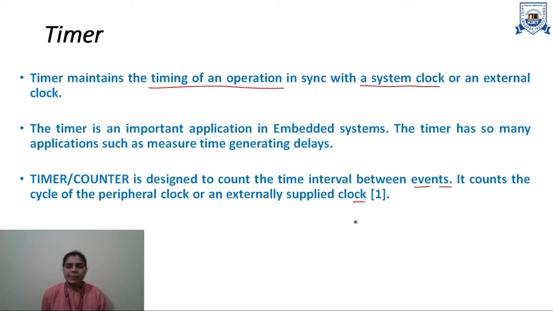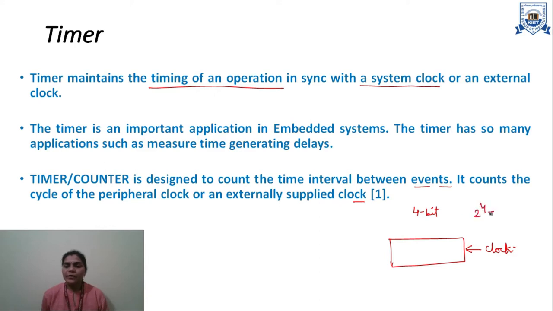For example, if we talk about a 4-bit timer or counter, a 4-bit timer counts up to 2 to the power 4. It means 16. It counts 0 to 15. So a 4-bit timer and counter will have a clock input.